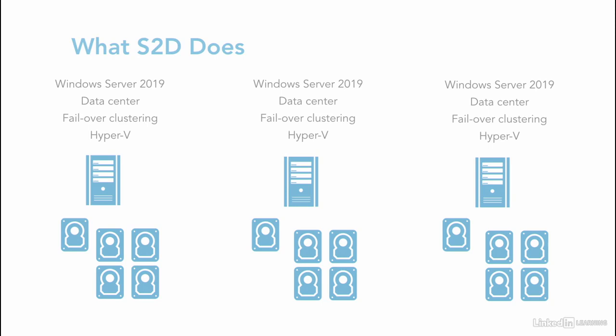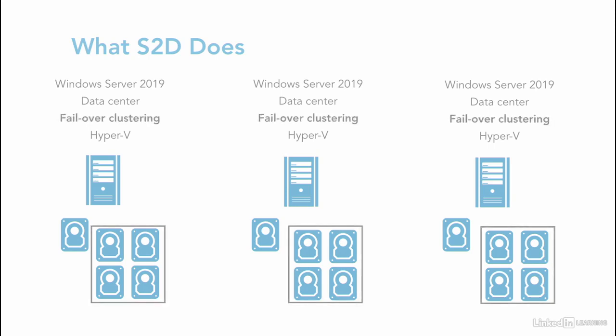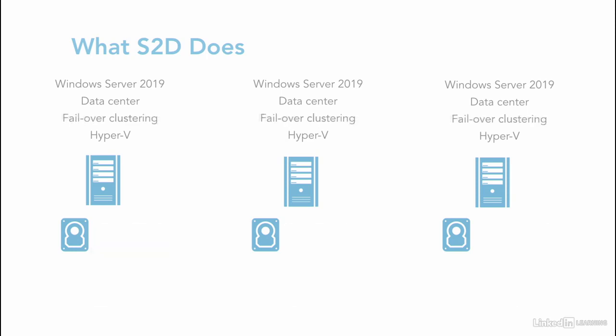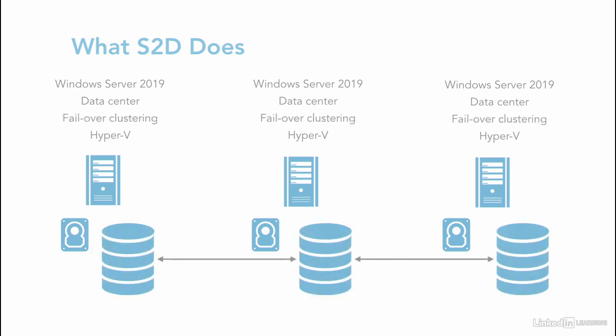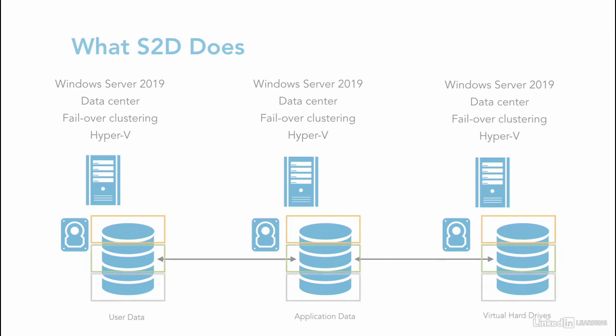These 3 servers each have multiple physical drives, which can be clustered using the failover clustering role, and then enabling Cluster Storage Spaces Direct will make all of those drives function as a single storage pool. That will allow you to create volumes in that pool and format these volumes using the Cluster Shared Volume File System.